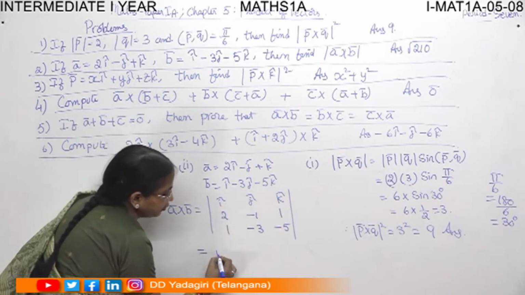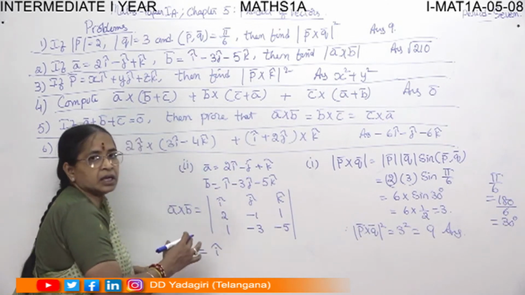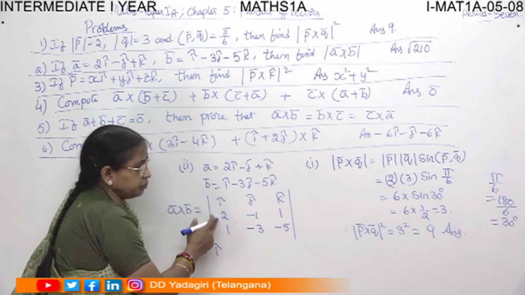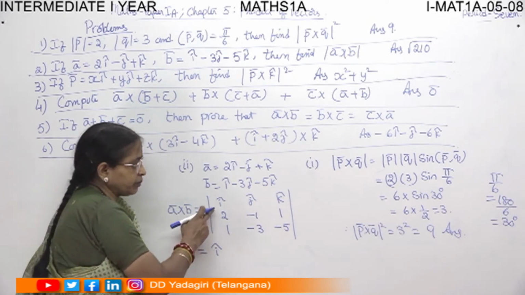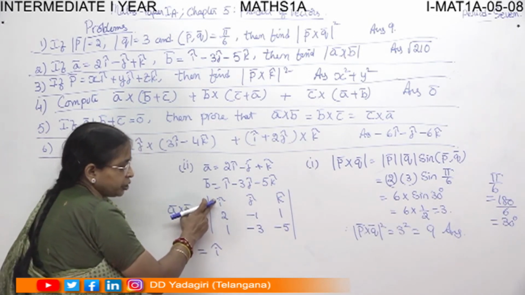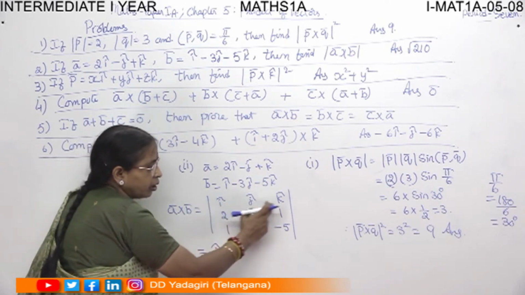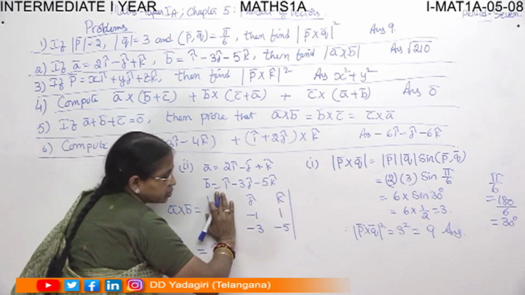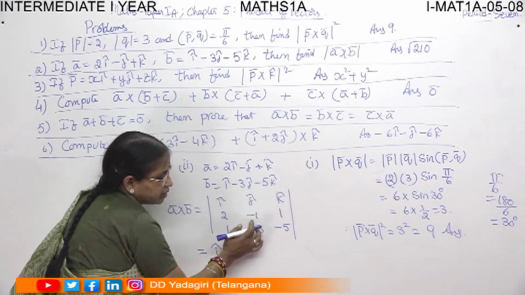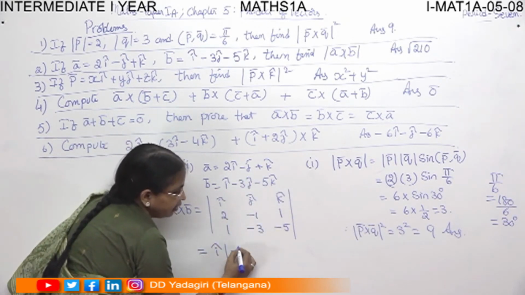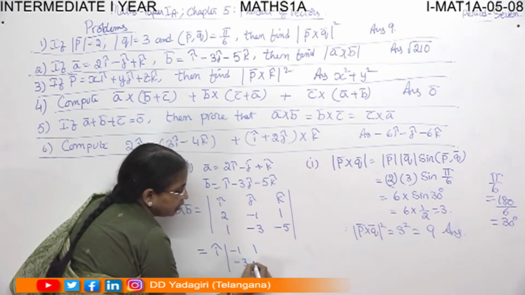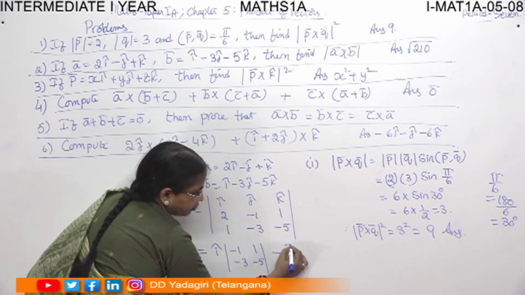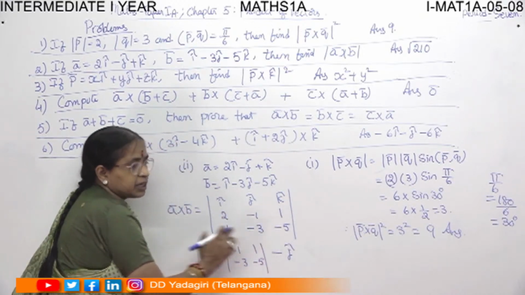I into. So see how we are expanding this. I into. So delete the row. You should also think like this in your mind. When I am writing I, I should delete the row and column containing I. So when I delete this row and this column, what is left? Minus 1, 1, minus 3, minus 5. Finish. Next, minus j into. For second element, I should write minus j.